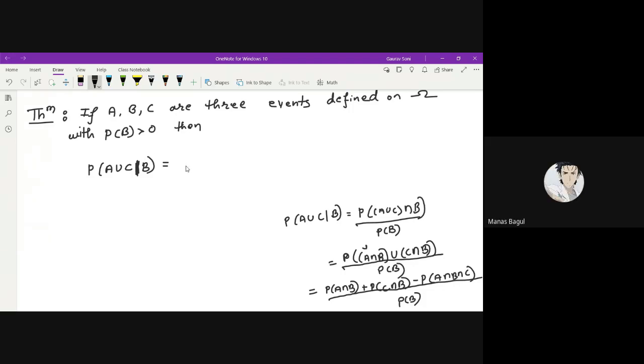Probability of A given B, the first one, plus probability of C given B, minus probability of A intersection C given B. What does it look like?